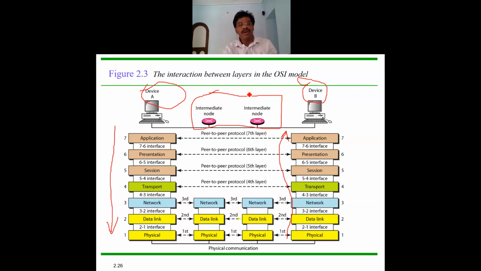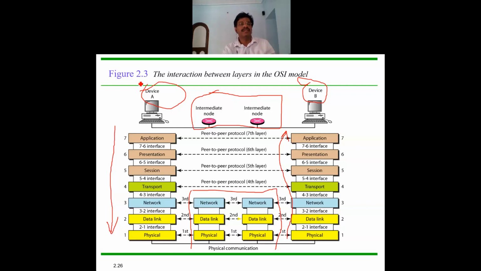And for all the intermediate nodes, we are utilizing only three different layers, which will help in sending the data, reformatting the data at the specified network layer, and sending that data again to the nearby intermediate node, and then finally delivering that data to the destination end.